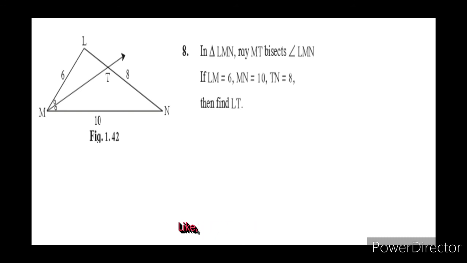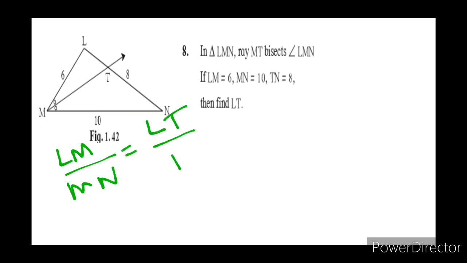Firstly, read the problem carefully. This is a problem based on angle bisectors. We already know the angle bisector theorem states that LM upon MN equal to LT upon TN.